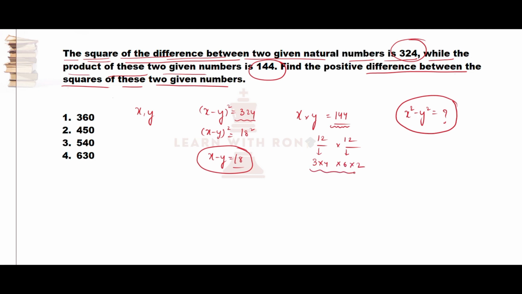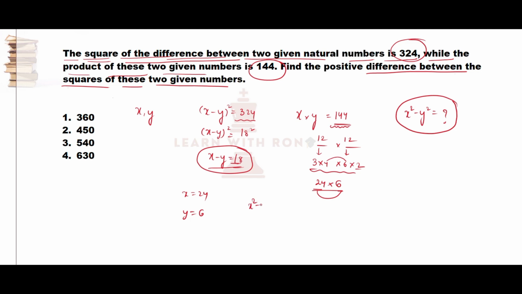See, with this whole I can write 6 times 4 is 24 and the remaining 3 times 2 is 6. See the values here, 24 and 6, product is 144 and the difference between them is 24 minus 6 is 18. So, by trial and error method, x value is 24, y value is 6.